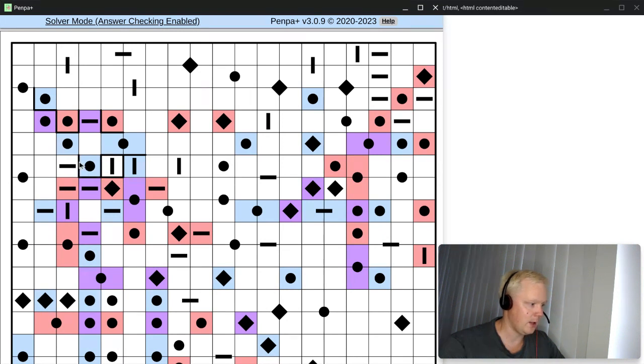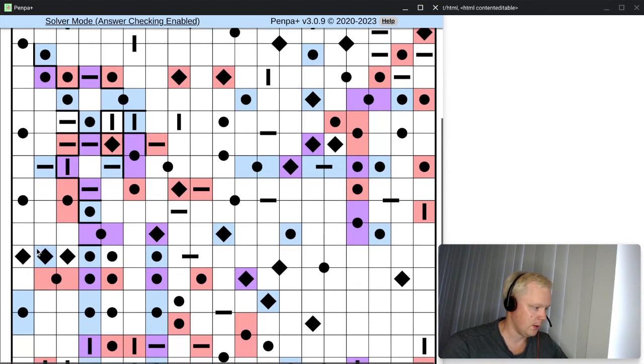Any border which has a symbol on both sides of it has to be a line here, because the 2 symbols have to be separated by a wall. And all of these have to be separated, and all of these.